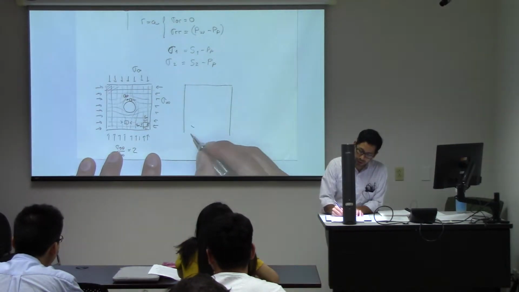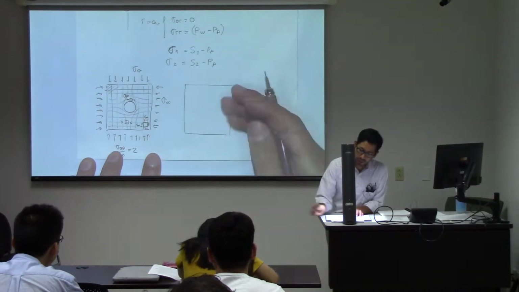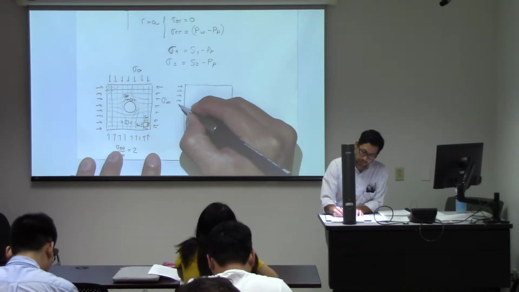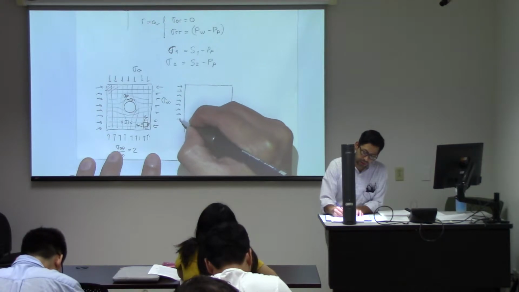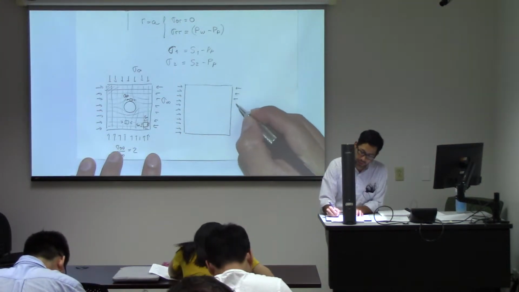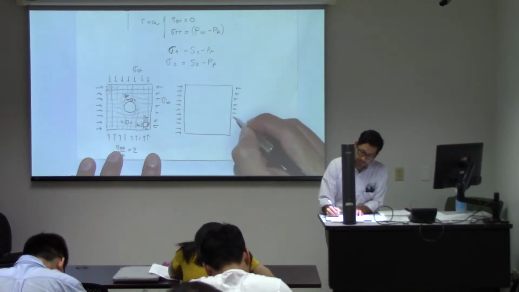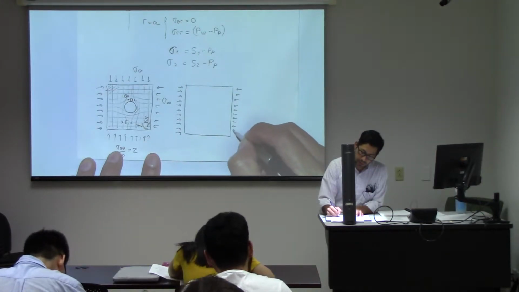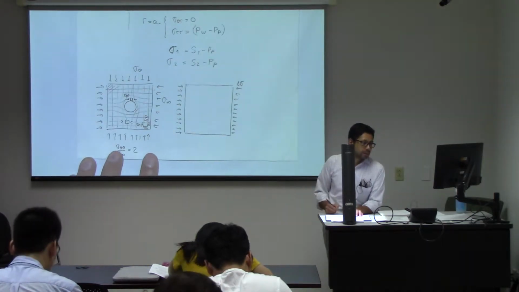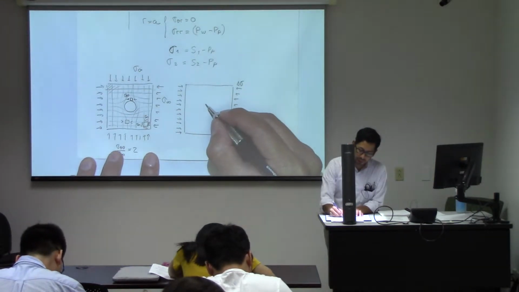Let's do another case now over here. Let's imagine that now we have stresses just in one direction, and we're going to call it delta sigma. And we have a cavity.